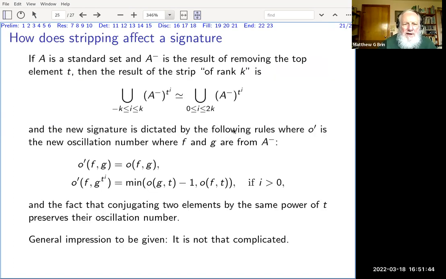How do you calculate the stripping? And again, the details of the slide, there's really too much information here. The bottom line is if you have a signature, a matrix of oscillation numbers, you want to look at the signature of a finitely generated approximation to the big normal subgroup. The calculation of that new matrix is extremely easy.